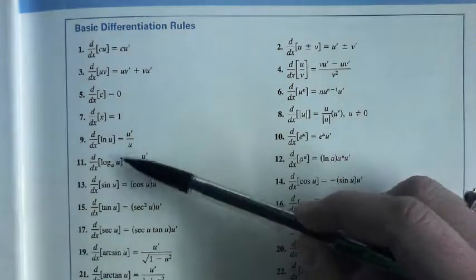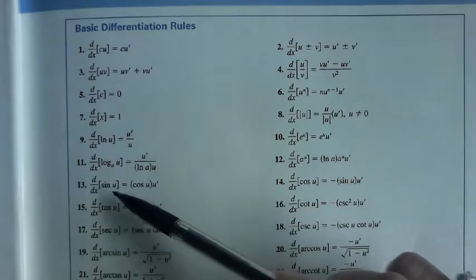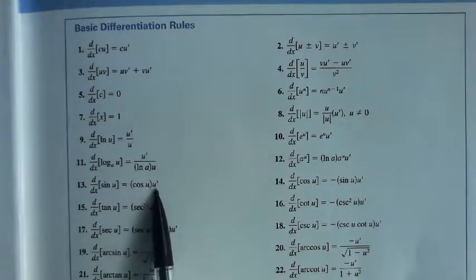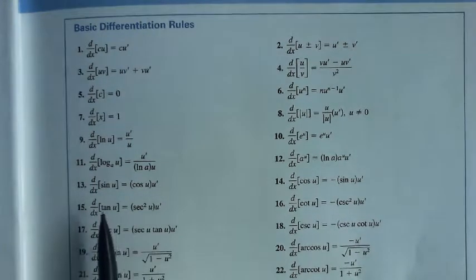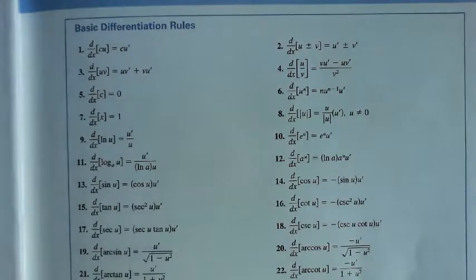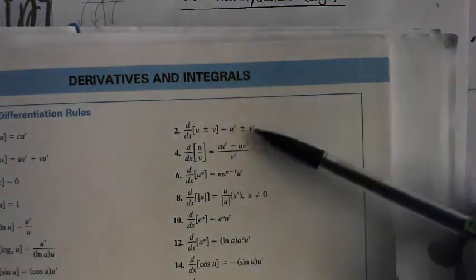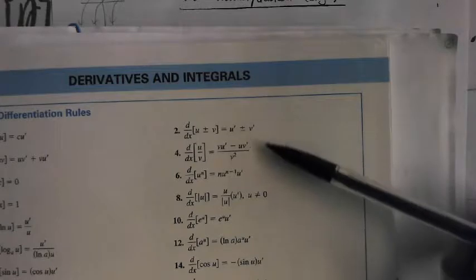Obviously we haven't done any natural logs or logs, but sine we've done. Derivative of sine is cosine. We'll talk about this u prime thing within the next couple days. Derivative of tangent is secant squared. Over here, the derivative of the sum is just a derivative of each piece, so we do that on a daily basis with the power rule.